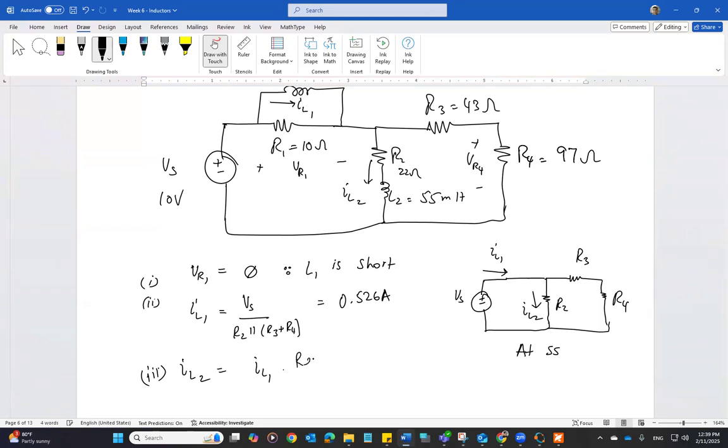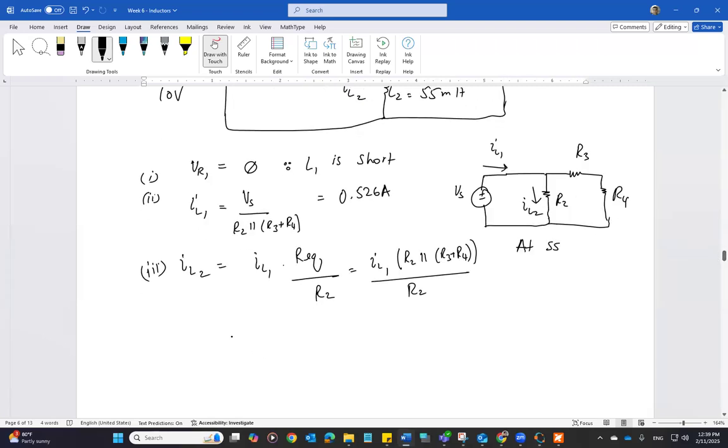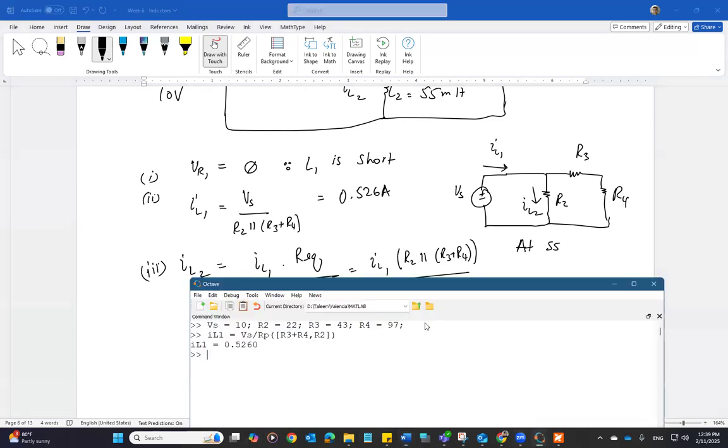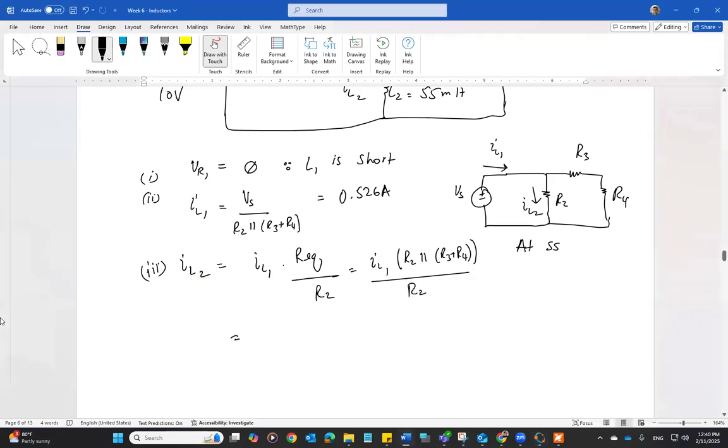So IL2 is IL1 times the parallel combination of R2 and R3 plus R4, divided by R2. That gives 0.4545 ampere.